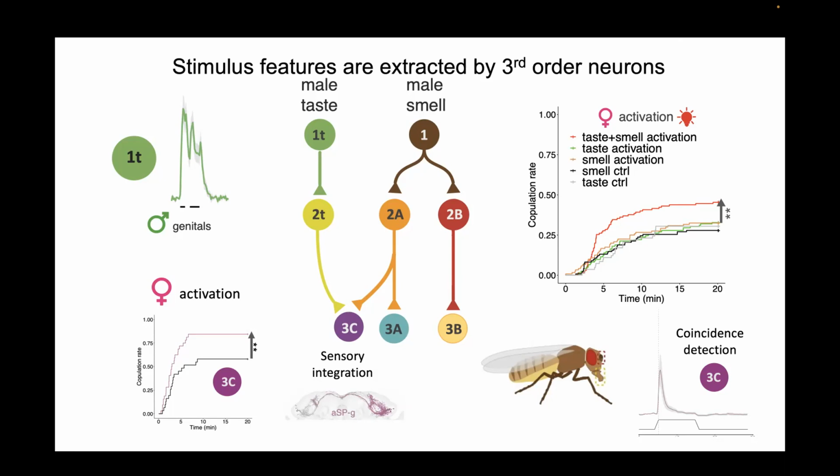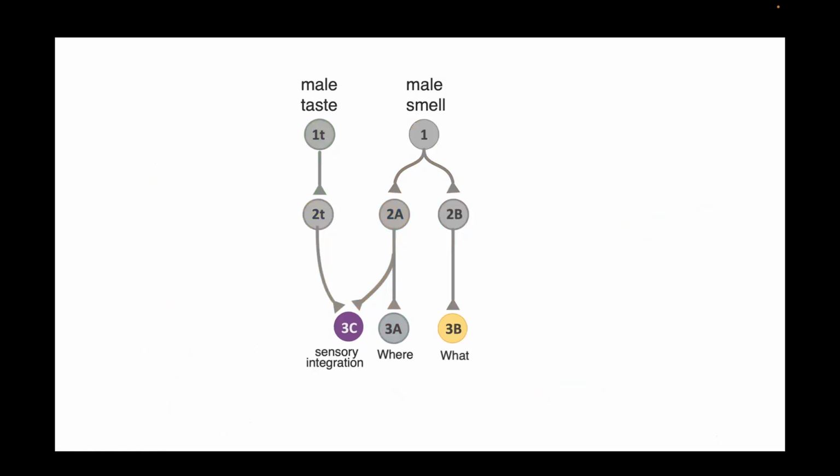During courtship, males produce pheromone droplets, which could provide both CVA and taste molecules that would lead to activation of this pathway and to increased female receptivity. This is an ongoing project that we want to start in the lab. Okay, so interestingly, we have these two pathways that both contribute to female receptivity.